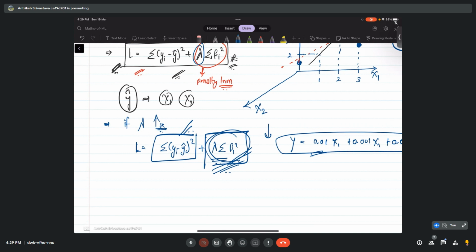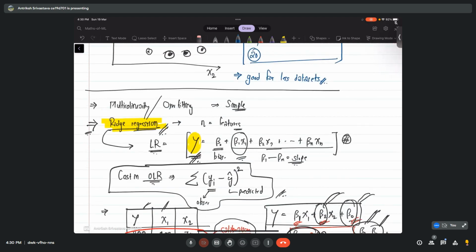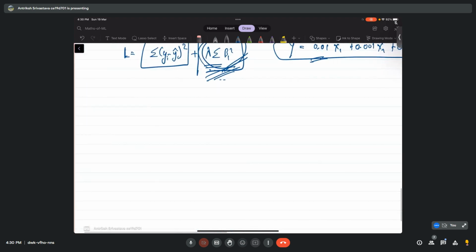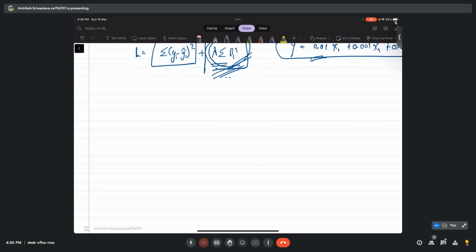Okay, so before we go to lambda, there is one more method which is very similar to ridge regression. We will discuss that, and we'll check briefly about the AIC and BIC method to calculate the lambda. That particular method is called lasso regression.